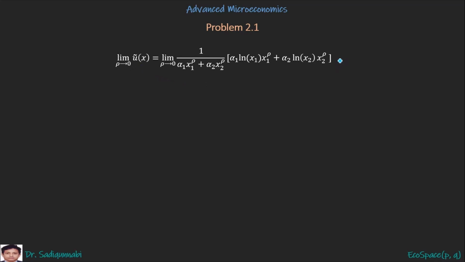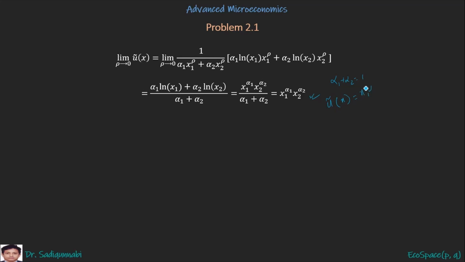This is because in our condition alpha 1 plus alpha 2 equals 1, so that's why this is the value of u. So u curl x is now equal to x1 to the power alpha 1 times x2 to the power alpha 2.